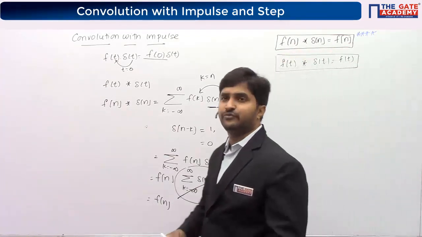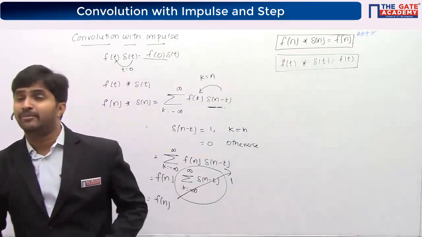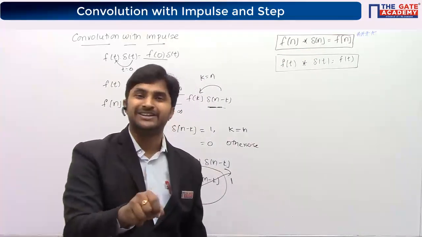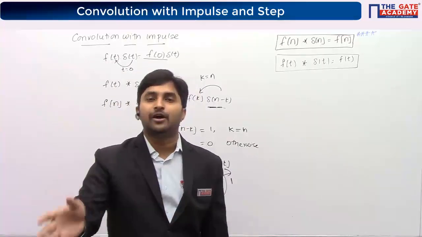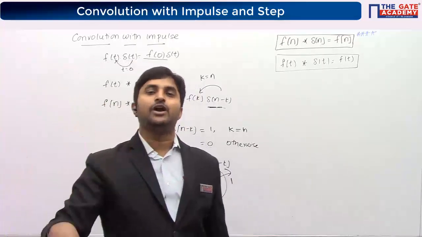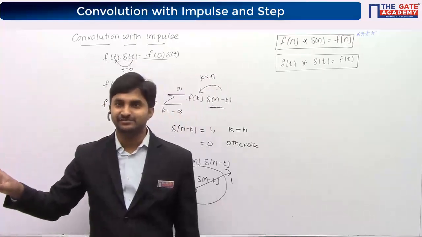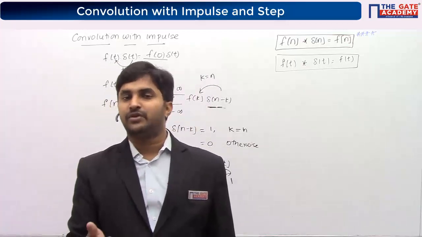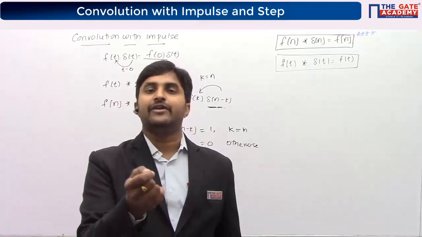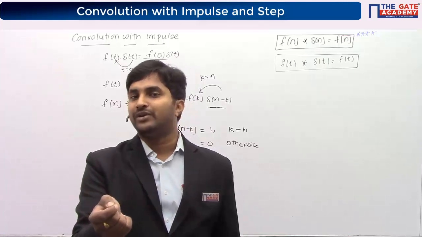You know, the biggest confusion that the students have is the confusion between the multiplication and the convolution. Many students say that f of t multiplied by del of t is equal to f of t, and f of t convolved with del of t is equal to f of 0. Okay, so let us not have that confusion. Any signal when you are multiplying with del of t, what will result?